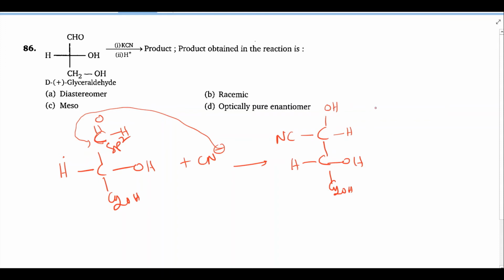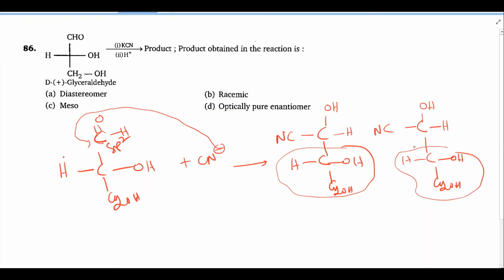If it is attacking front side, there will be a CN, here hydrogen, above OH, and here CH and OH, the same thing, it won't change. Down is CH2OH. This is not going to change, only this is going to change because of the sp2 carbon. So it is attacking both front side and back side.